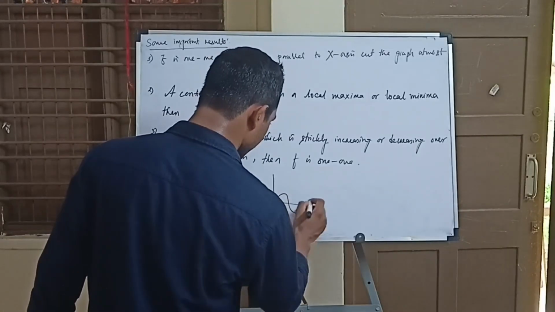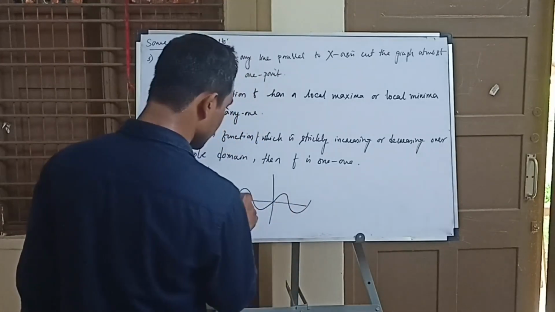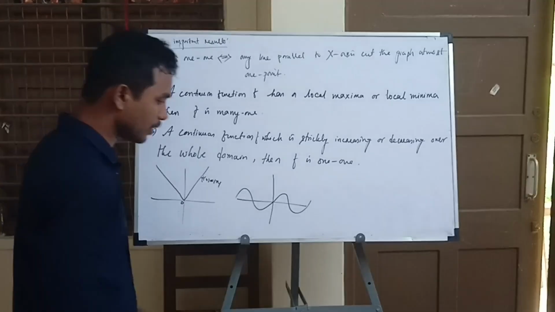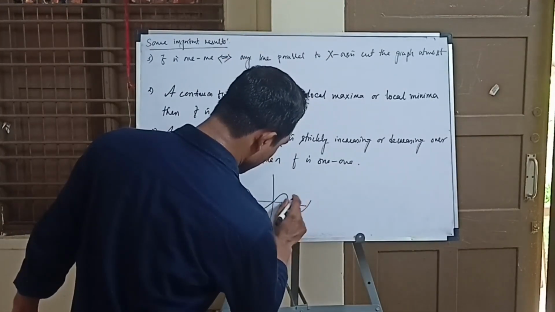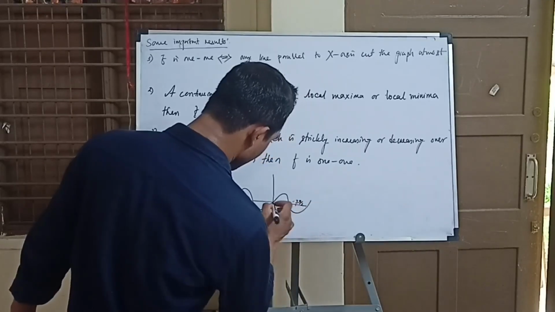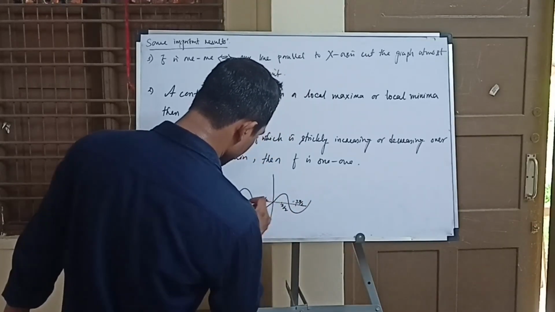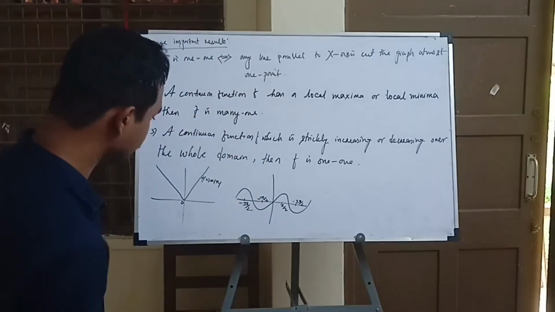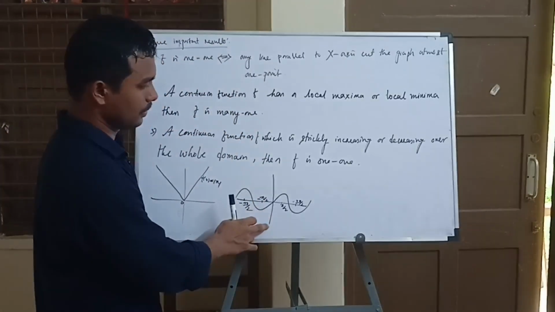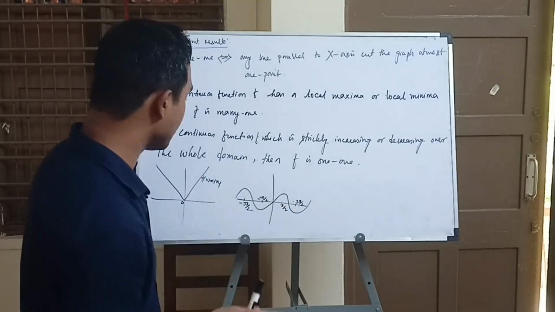This is the sin x function. This function is also many-one because at x equal to pi by 2, at x equal to 3 pi by 2, at x equal to minus pi by 2, x equal to minus 3 pi by 2, the function sin x attains its maximum and minimum values.